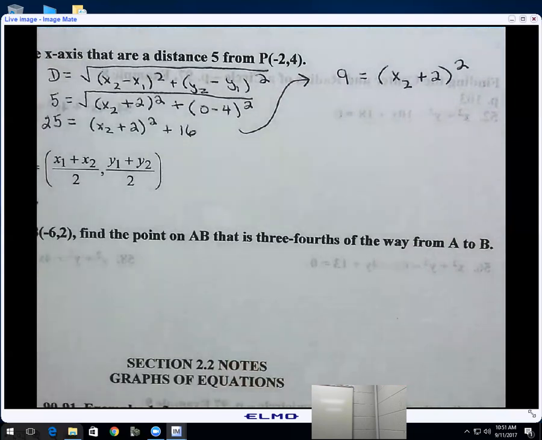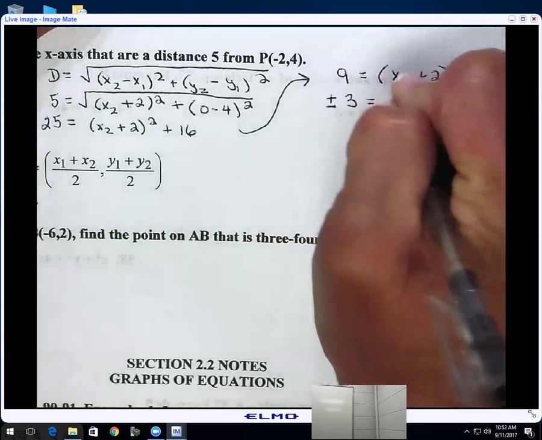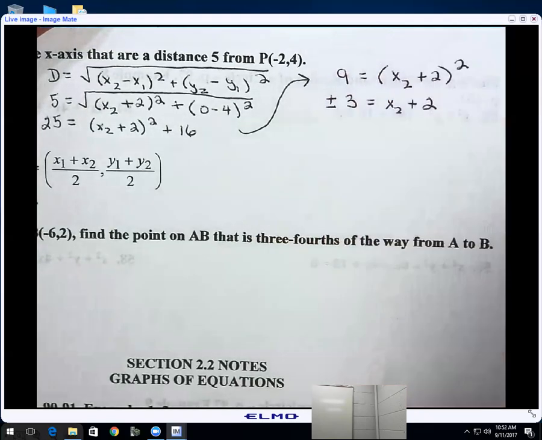As soon as you said take the square root of both sides, bells and whistles went off in my head to remind me: don't forget the positive or negative. When you take the square root of both sides, don't forget the plus or minus 3 equals x2 plus 2.